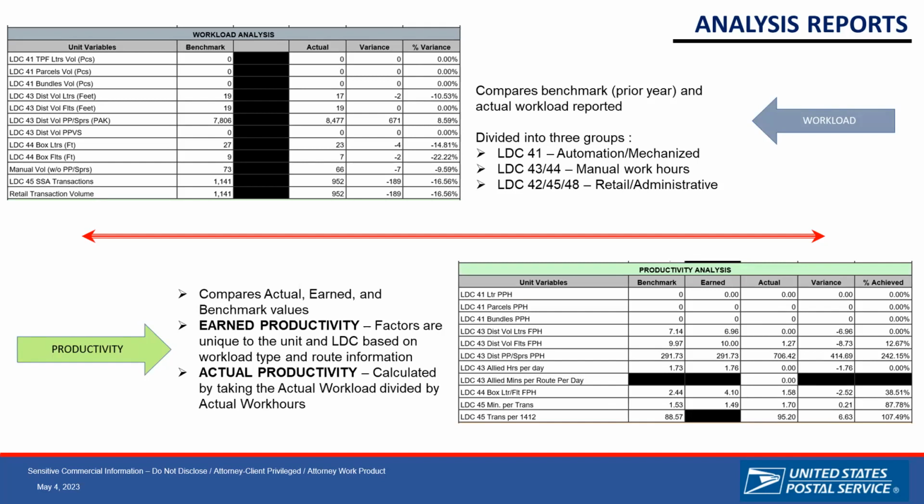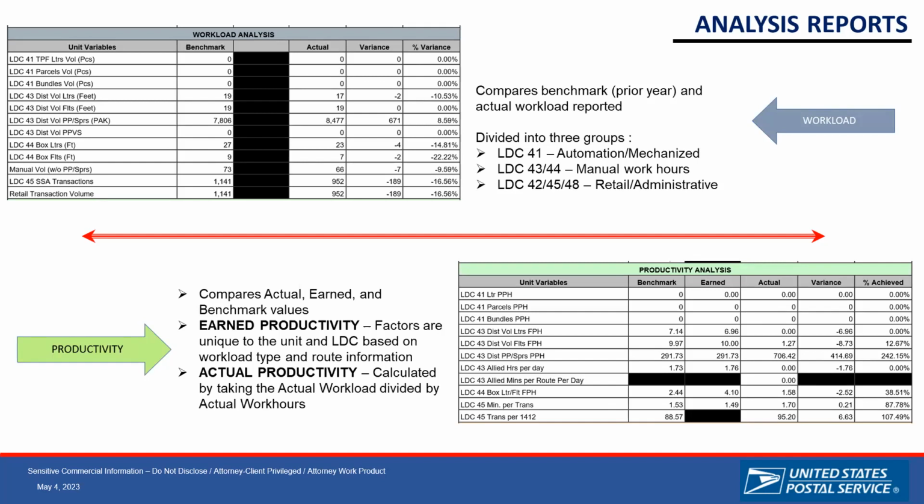Last year, for the same time period, which is a 1-week time period, they received 19 foot of flats. This current fiscal year, they've only received 17, so that was a loss of 2 foot of flats. Now, the only thing they did seem to gain were packages.